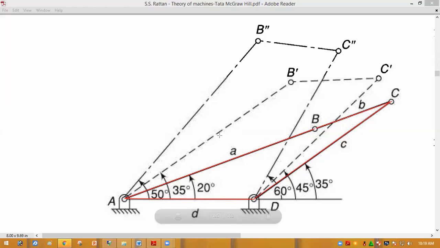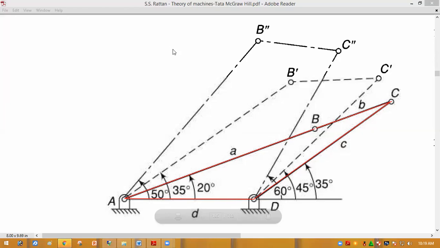First position done, and then we have to draw the second position. So what could be the second position? The second position angles were given in the question itself. Here theta 2 will be 35 degree.